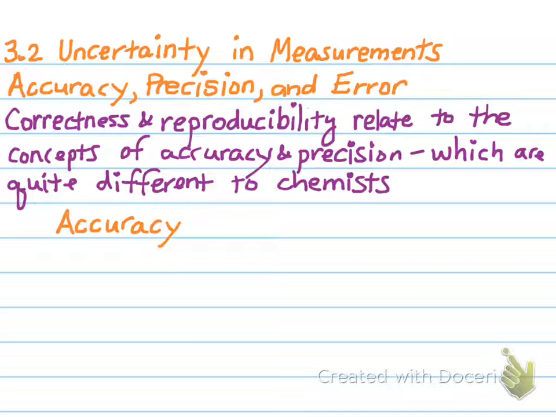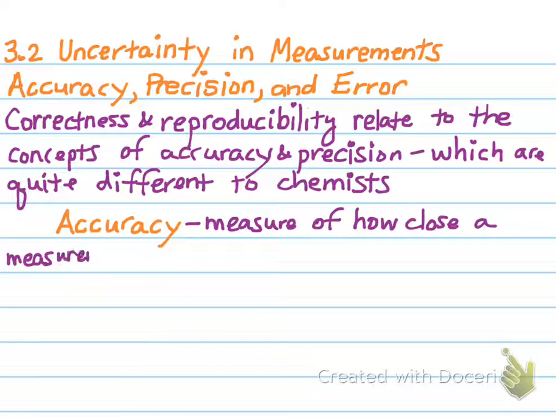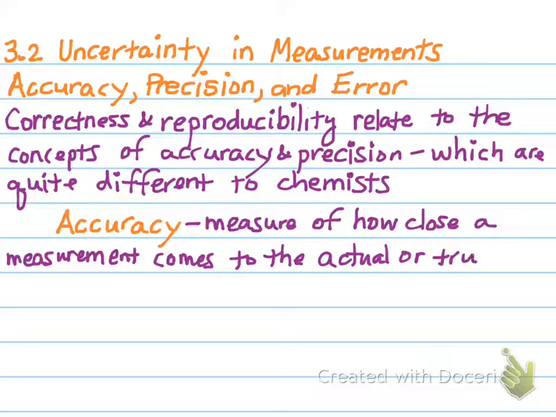So we're going to start by talking about accuracy. Accuracy is a measure of how close a measurement comes to the actual or true value of whatever is measured.